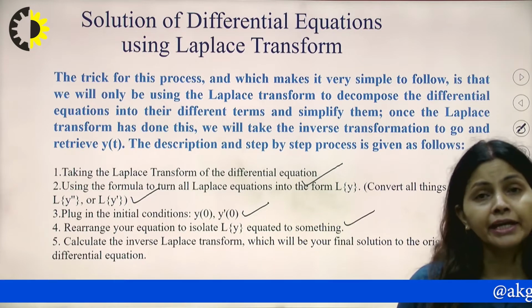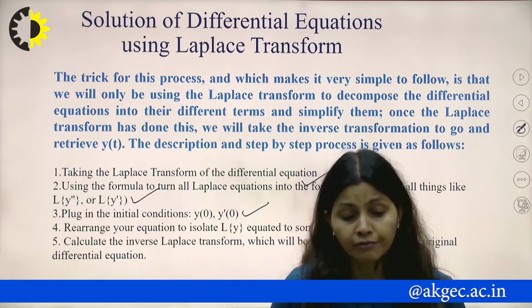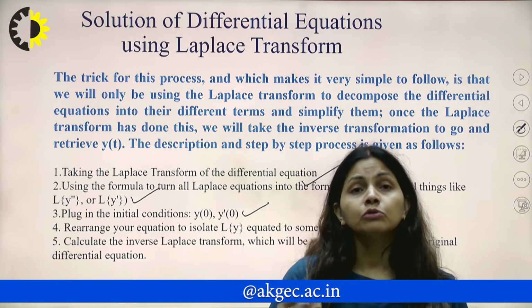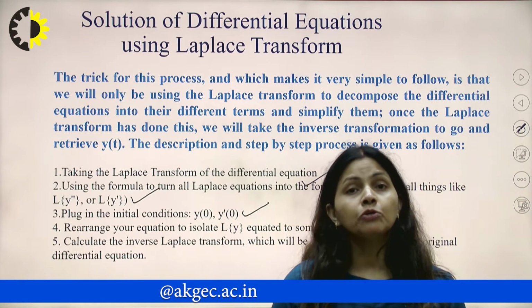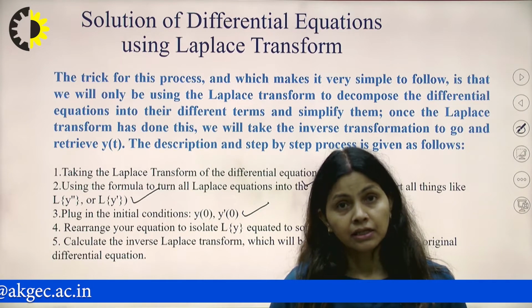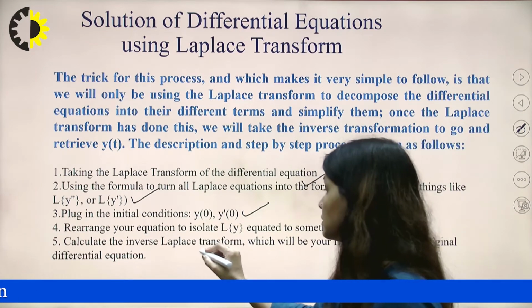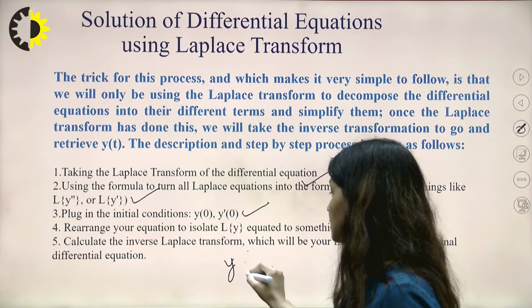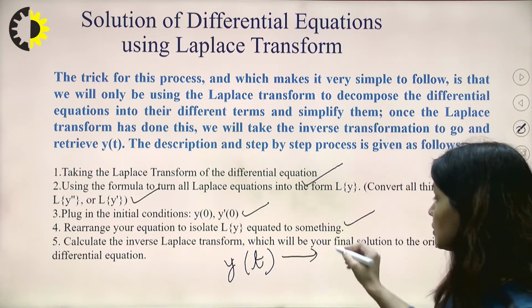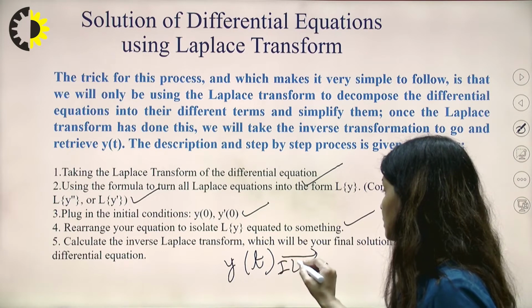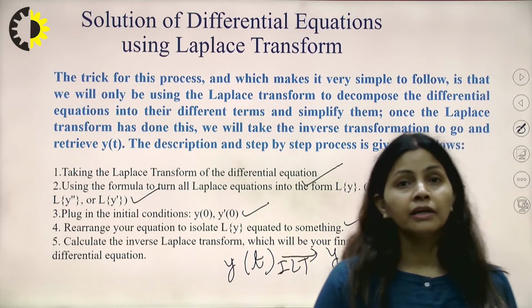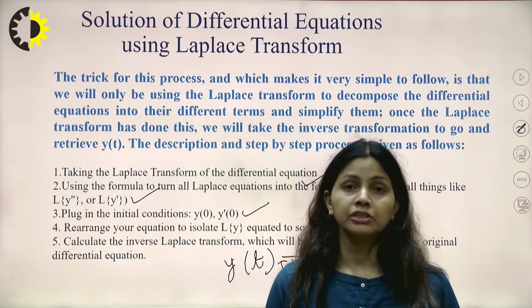And then after getting all the values for Y(s) in terms of s, to calculate y(t), we need to take the inverse Laplace transform of Y(s), and hence we can get the solution for y(t), for the differential equation.